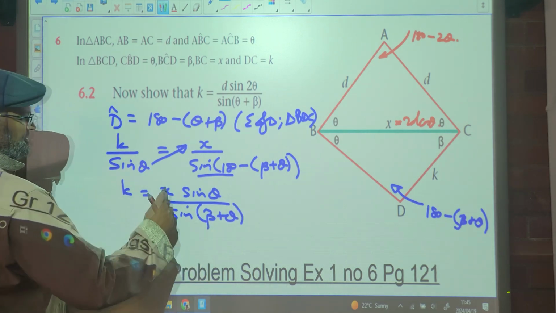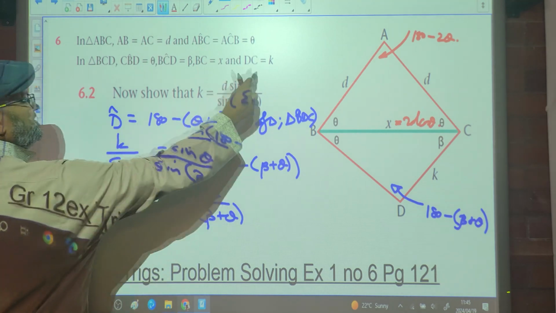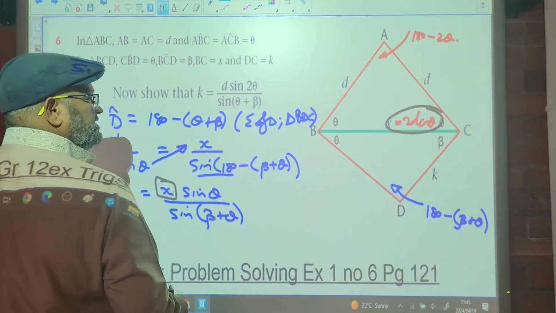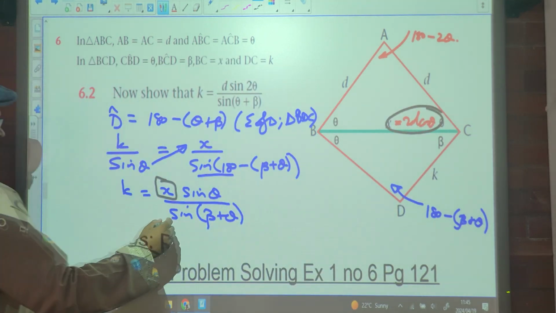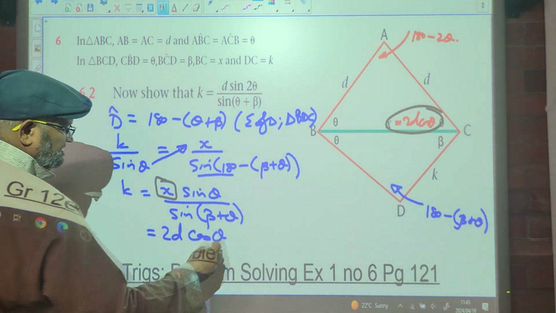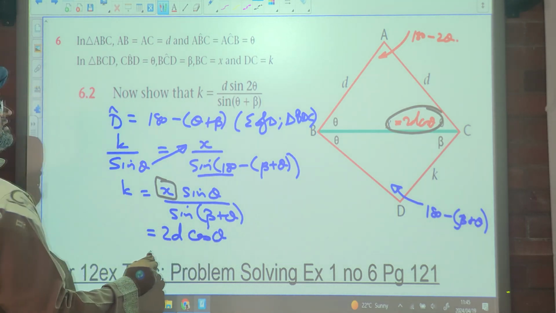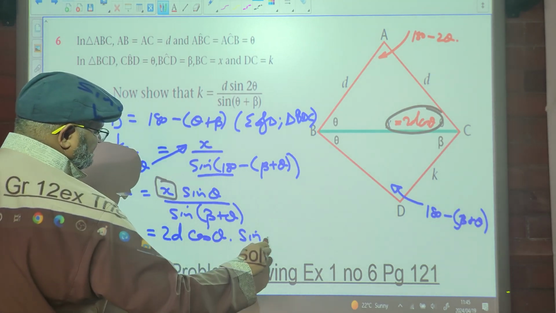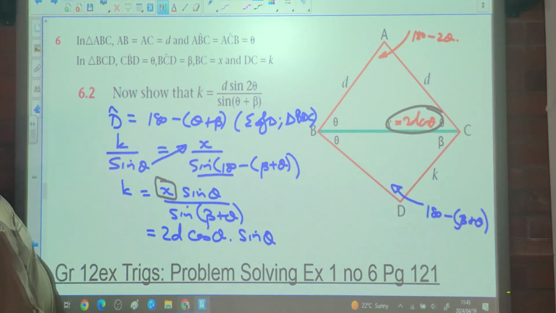But what is x, people? X is 2d cos theta times sine theta.